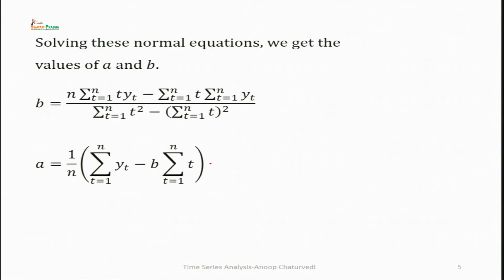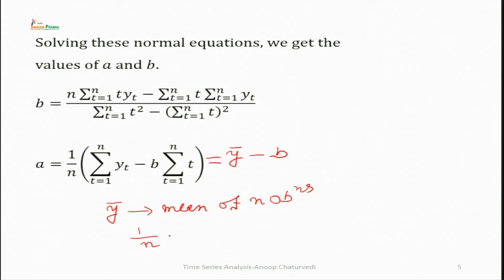In fact, you can write a equal to 1 upon n summation y t, which is y bar, the mean of all the n observations, minus b times 1 by n summation t.